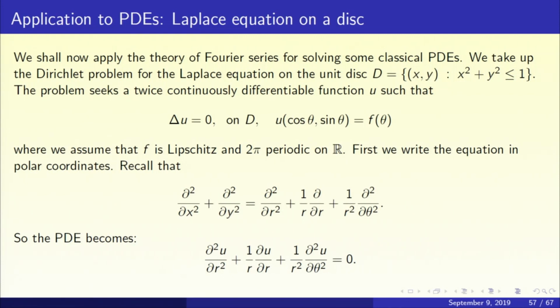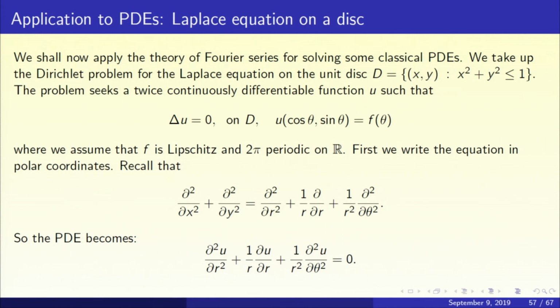Now it's an easy exercise for you to write down the Laplace operator in polar coordinates. What does it read? Del 2 by del x squared plus del 2 by del y squared equals del 2 by del r squared plus 1 upon r del by del r plus 1 upon r squared del 2 by del theta squared. That's an easy exercise. I'll leave it to you to do.